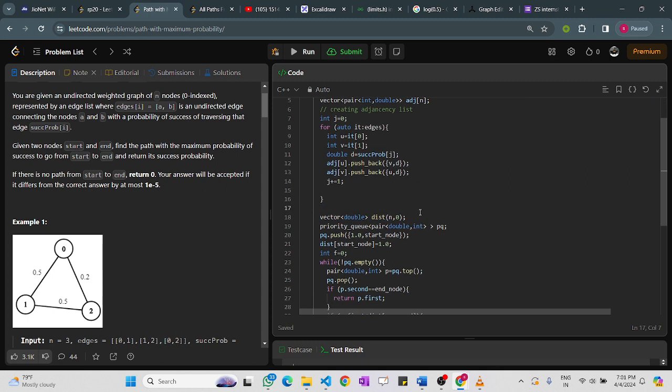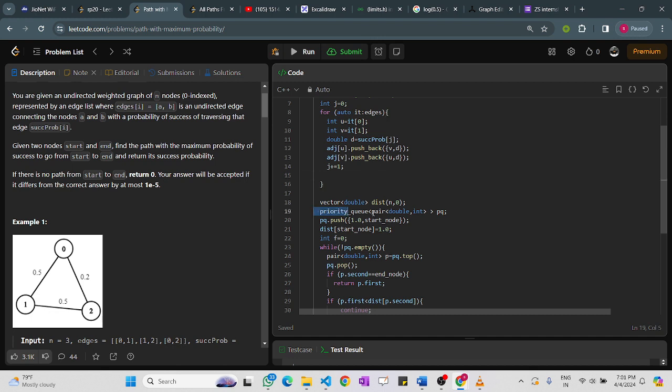Basically, the work of the DIST vector is similar to what you use in Dijkstra, so I don't have to explain these things. And see, this is a priority queue, and this is a max heap. In Dijkstra, what you are using is a min heap, so instead of a min heap, you will have to use a max heap.